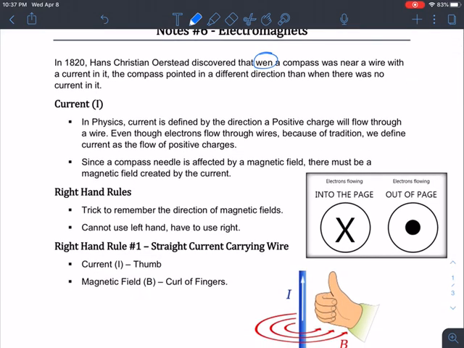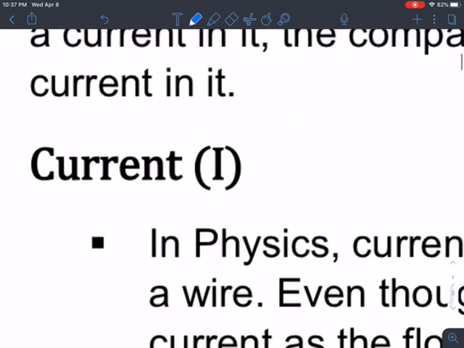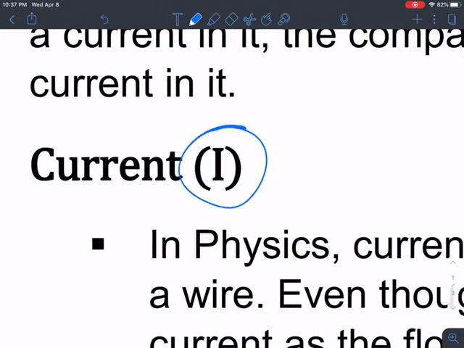So a couple things we need to know as we get into what he discovered about electricity and magnetism. We're going to talk about current. Electricity is just electrons flowing through a wire. And so that's current. Current is naturally I. I for current. Why? I don't know.